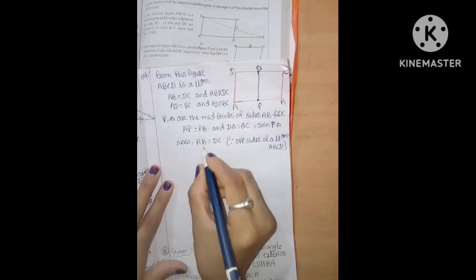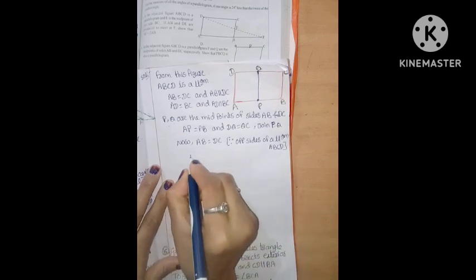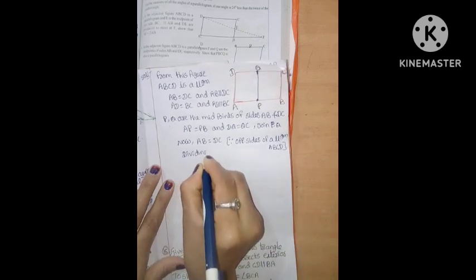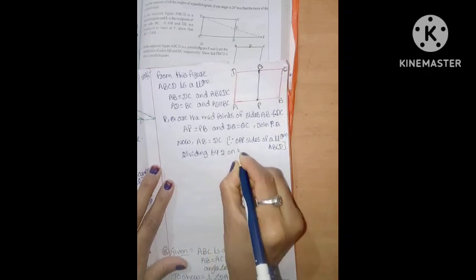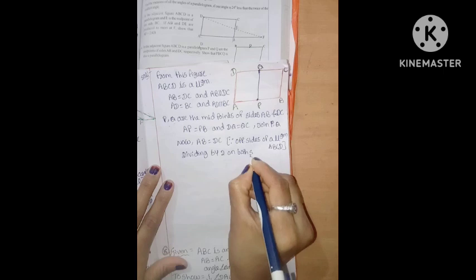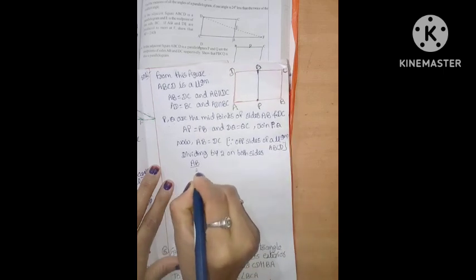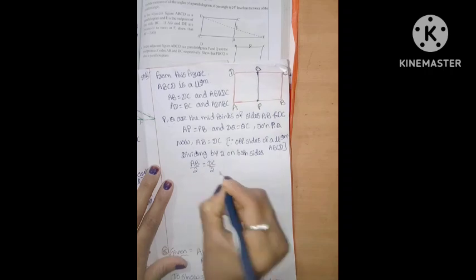So now dividing by 2 on both sides, AB by 2 is equal to DC by 2.